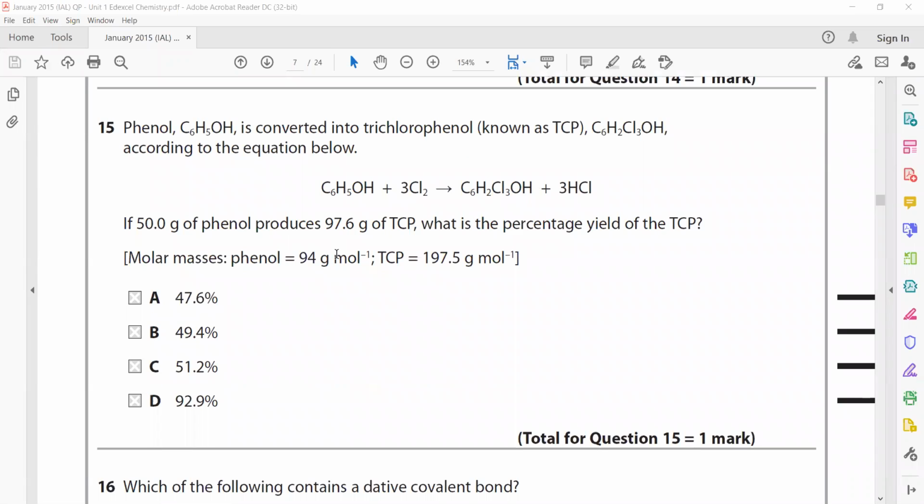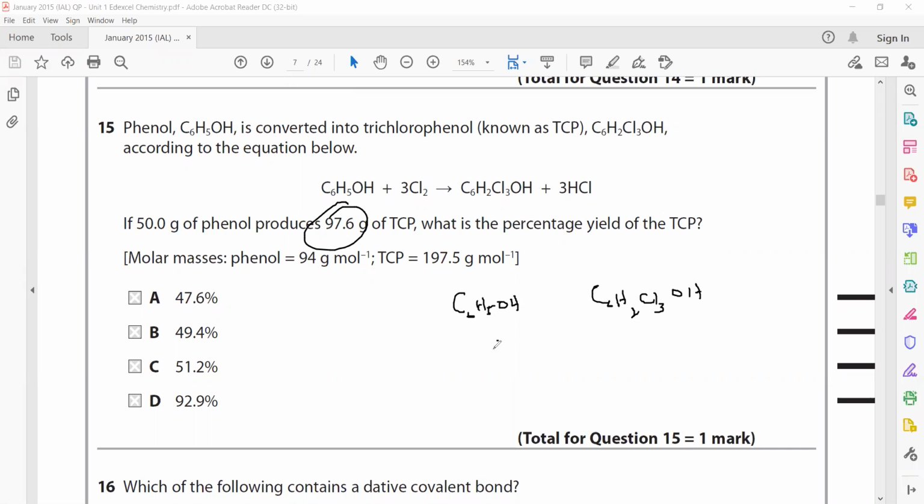Phenol is converted into trichlorophenol, TCP, according to the equation. 50 grams of phenol produce 97.6 gram of TCP. What is the percentage yield? So we have C6H5OH. This is a practical value 97.6. C6H2Cl3OH.